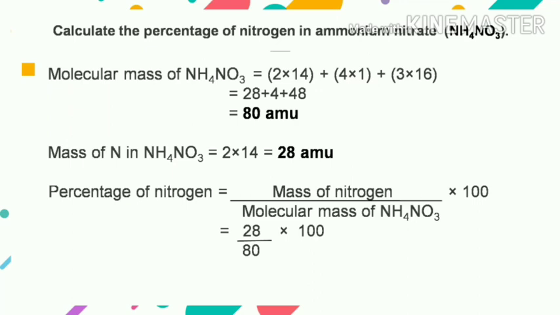Then using the percentage composition formula, the percentage of nitrogen in ammonium nitrate is equal to mass of nitrogen in one molecule of ammonium nitrate divided by molecular mass of ammonium nitrate multiplied by 100. So it is equal to 28 divided by 80 multiplied by 100, which is equal to 35%.